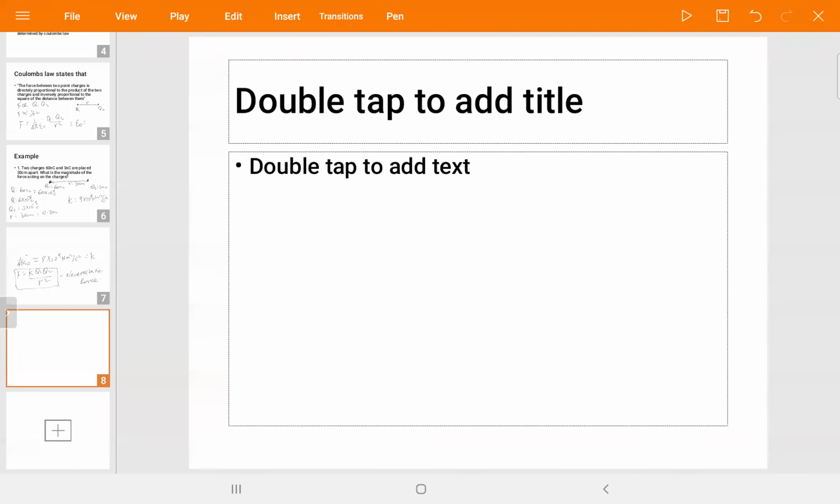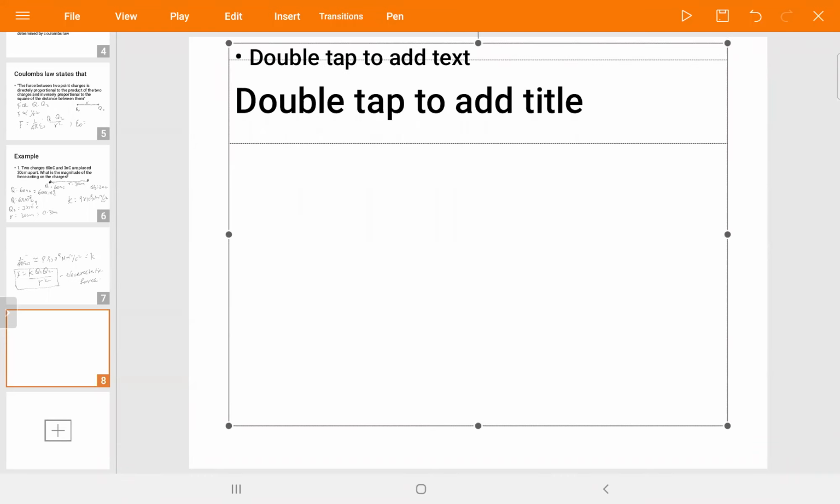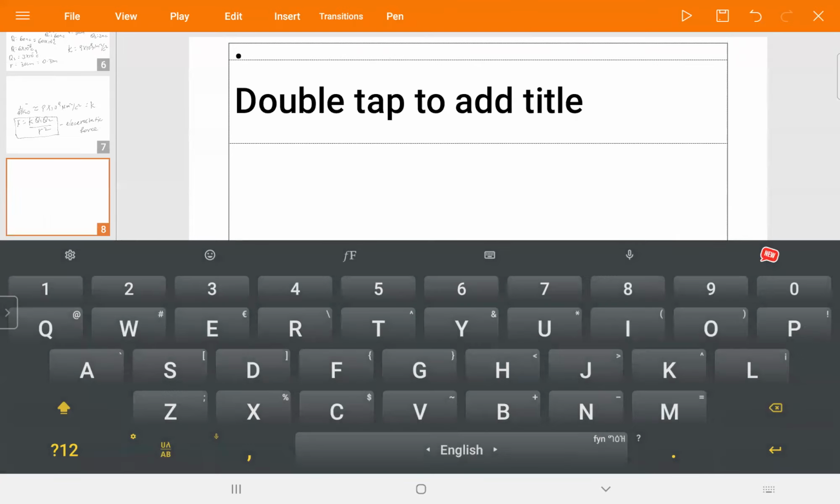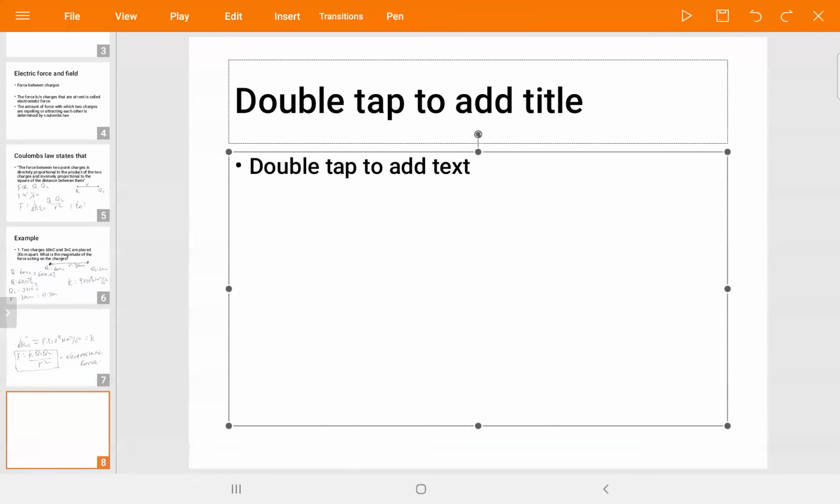Then what will be the value? We have the given quantities. Q1 is 6 times 10 raised to minus 8 coulomb.